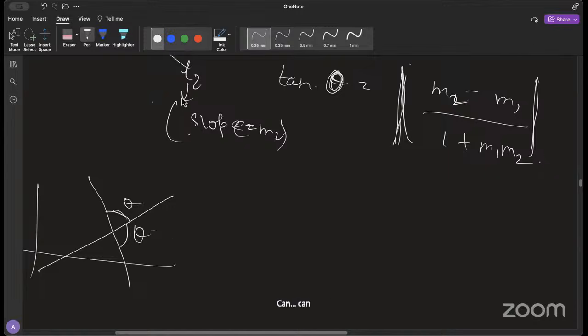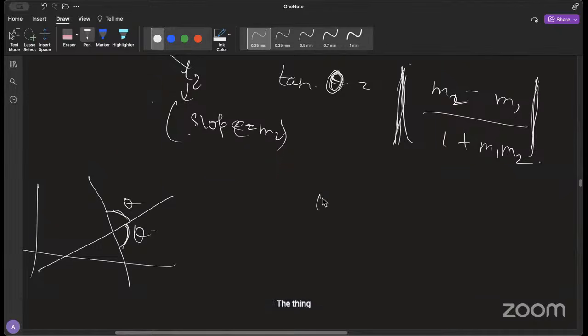Can someone find an example from the questions on the portal? What example do you require, ma'am? For us to illustrate that these two angles are included here. That's why we have a mod sign here.